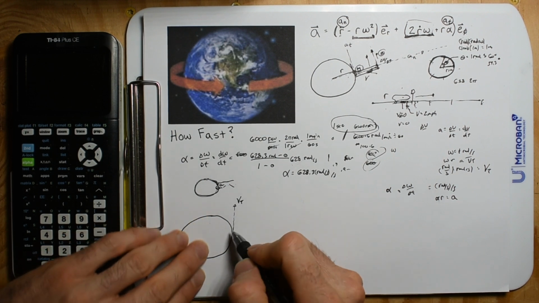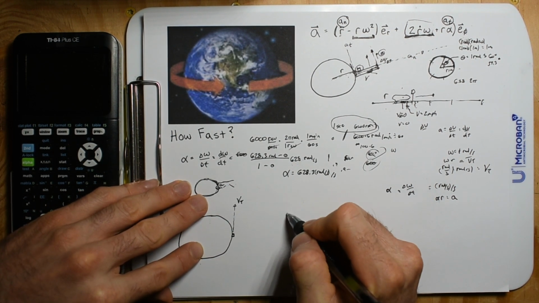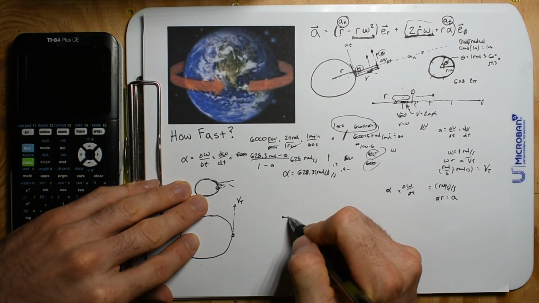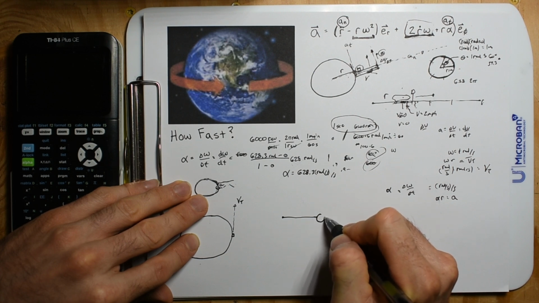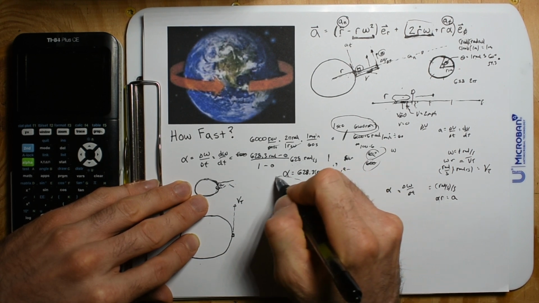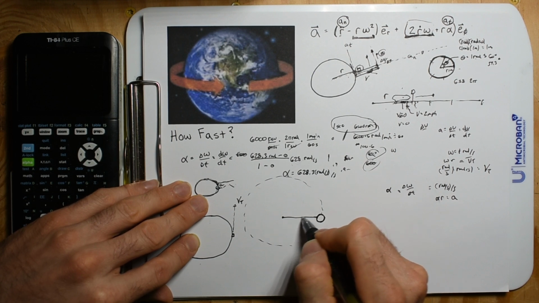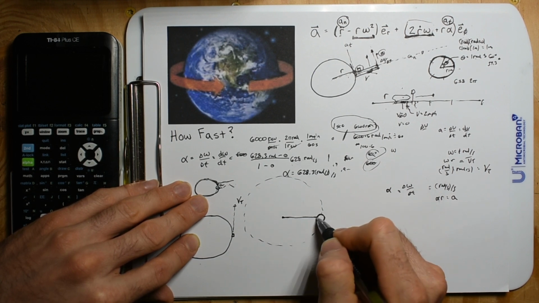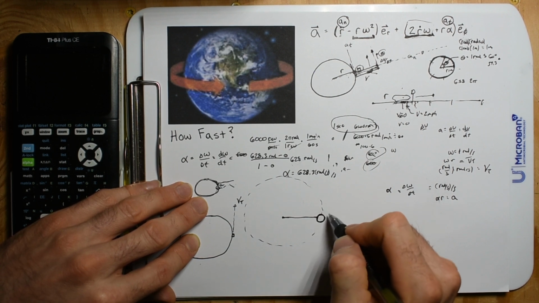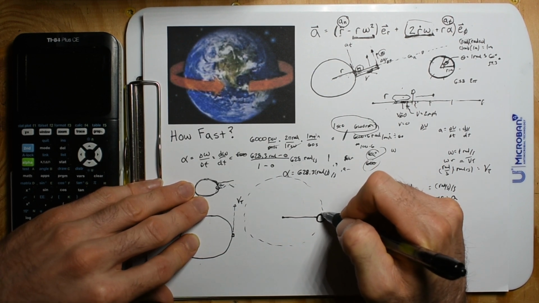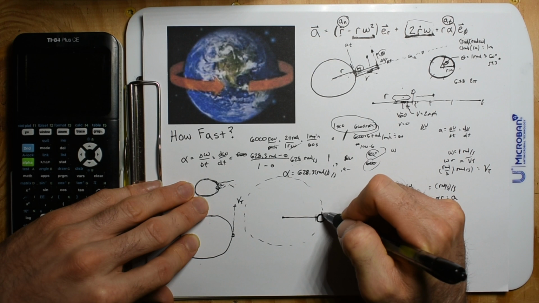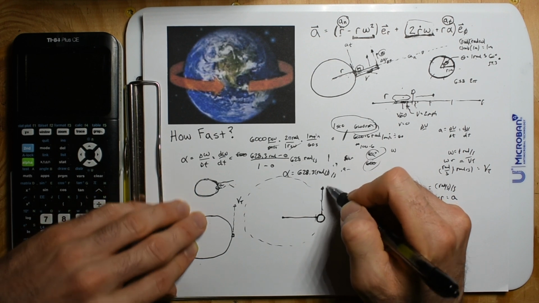You know what I mean? This is synonymous with if you have a string and a mass and you're spinning around. This is the same thing. We are a mass, and this string is connected to the center of the Earth. We have to hold on about 8 ounces of tension on that string to hang on to the ride of the Earth. But if we cut that string, heck yeah, we're going to be going that way.